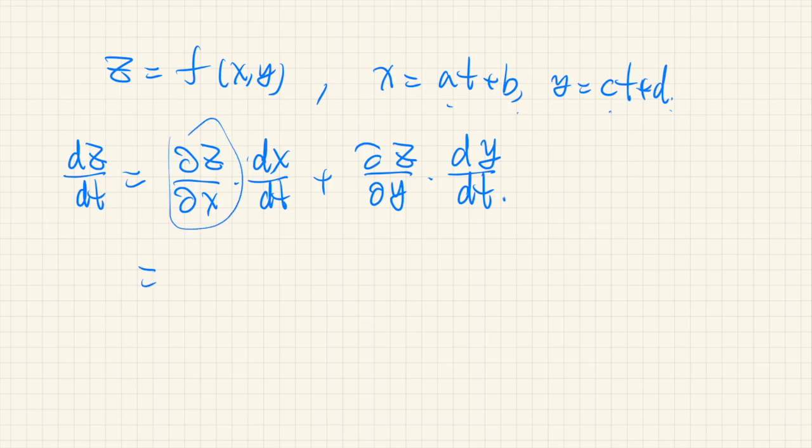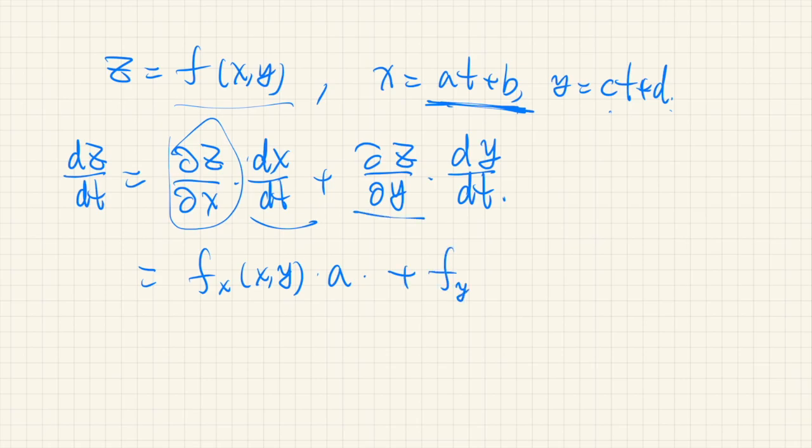So dz dx becomes just fx of x, y, and if we differentiate x with respect to t, we have a, and the partial derivative fy of x, y, and if we differentiate y with respect to t, we have c.